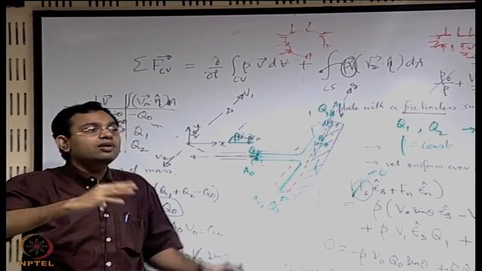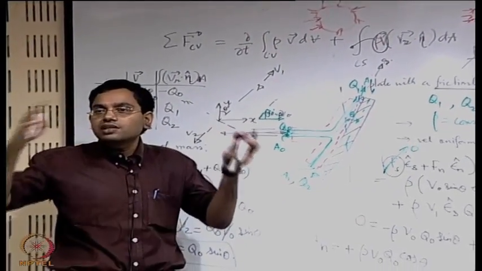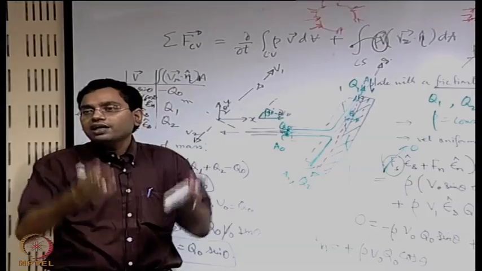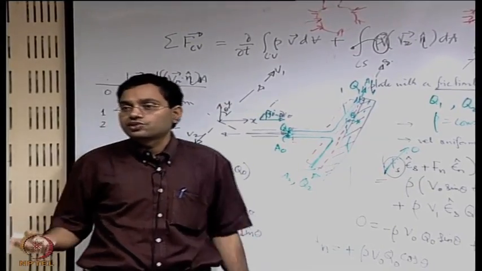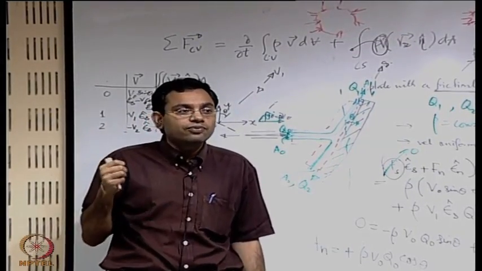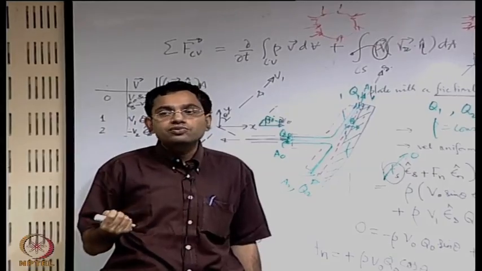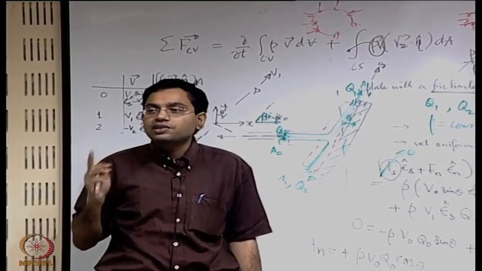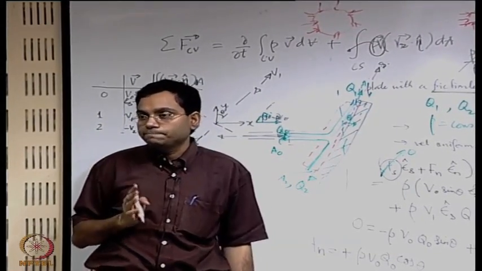Atmospheric pressure, if it was the sole feature, would have existed throughout equally and would have given rise to a 0 net force. So in terms of giving rise to a net force, any deviation from atmospheric pressure is important. So the gauge pressure is the important quantity.